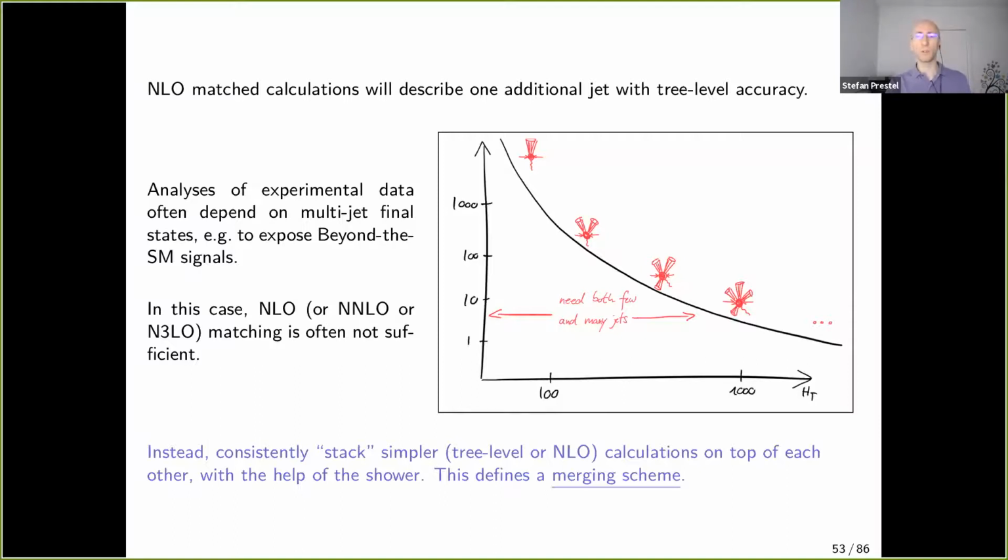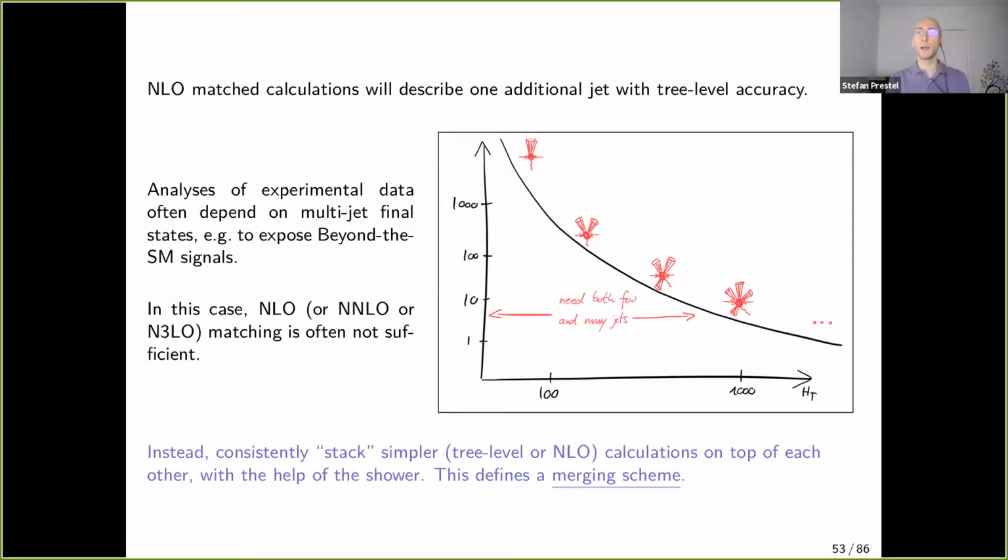So having a low transverse hardness typically means that on average you only have one hard, well-separated jet. Having an intermediate transverse hardness typically means that you have 2 or 3 hard jets that are well separated in angle to each other, and so on.